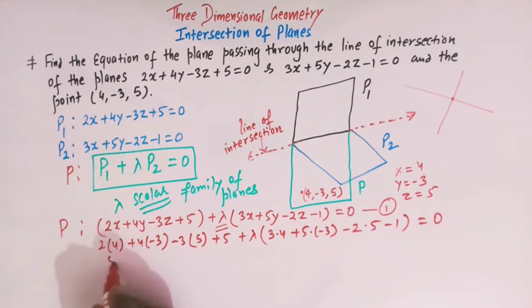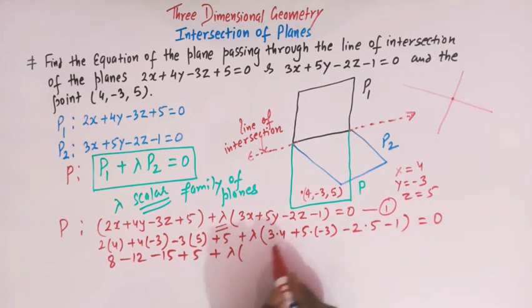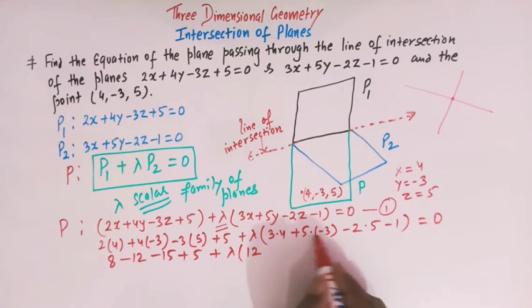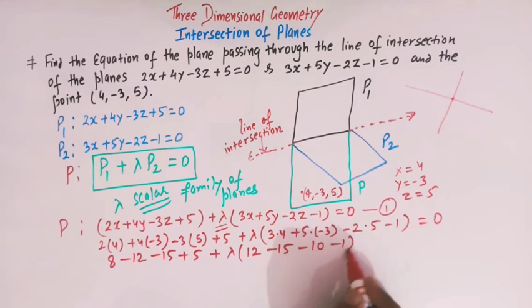So now this is 8, this is 4 times minus 3 is minus 12, here we have minus 15, then we have 5, and here we have lambda, this is 12, 3 times 4, this is minus 15, and this is minus 10, minus 1 is equal to 0, right?